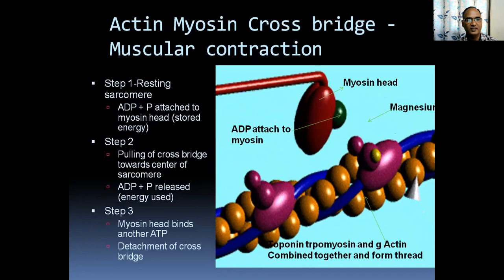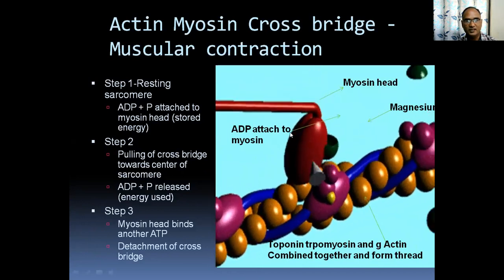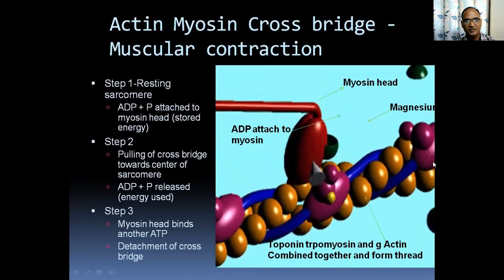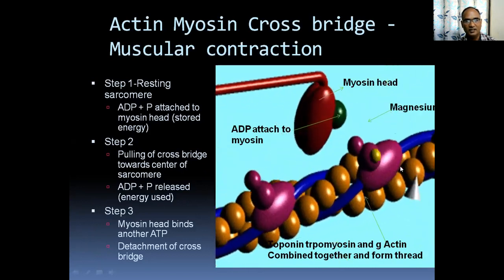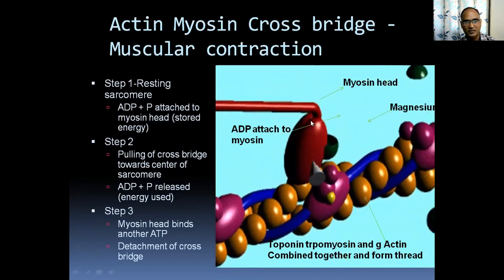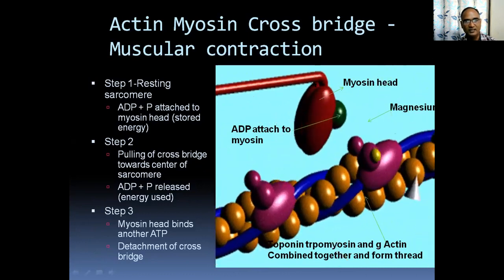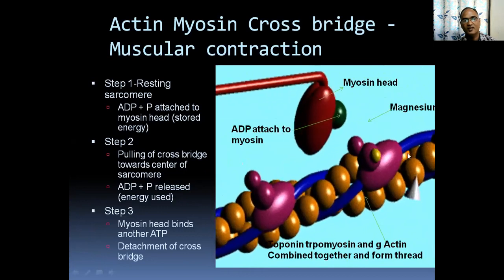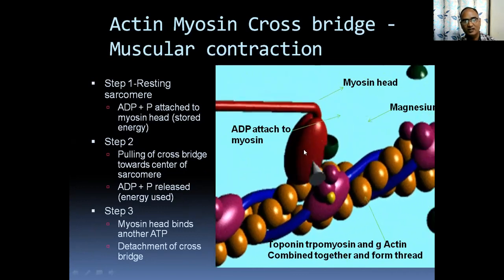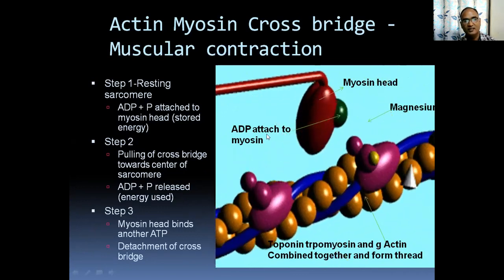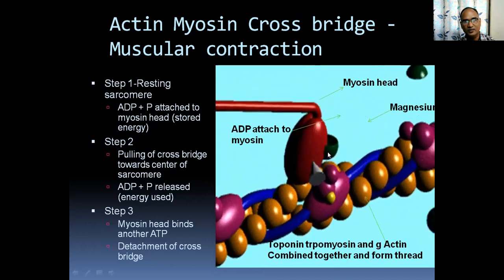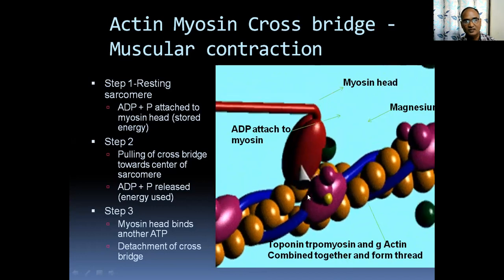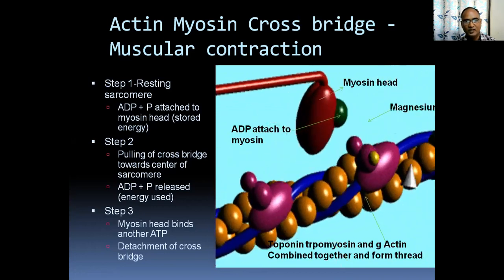So it's very simple. You can see that during muscular contraction, only the actin thread moves, and only the myosin head erects. This myosin head touches the yellow part, which is the troponin. During muscular contraction, the myosin head and the troponin only contact each other, so there will be no problem.